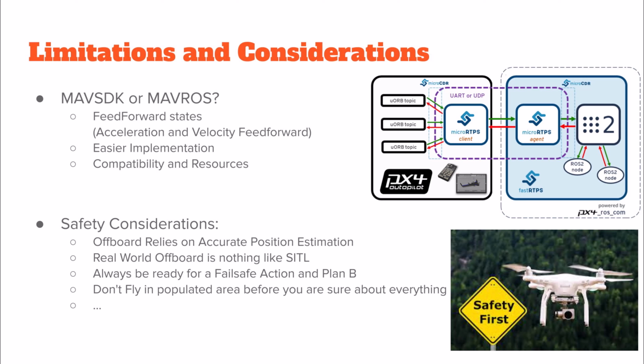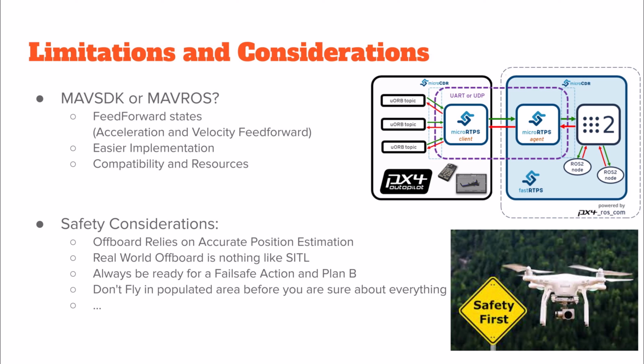So if your position estimation is not good, offboard control is not recommended and you might end up crashing your drone in the first seconds of your mission. Real world offboard is nothing like software in the loop. If your algorithm works in software in the loop, don't expect that it works on the first try in the real world. So you must make sure of the GPS positioning accuracy.